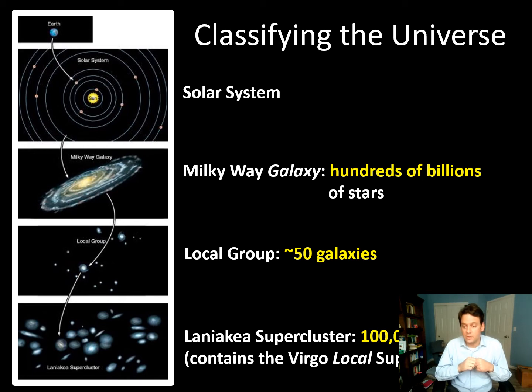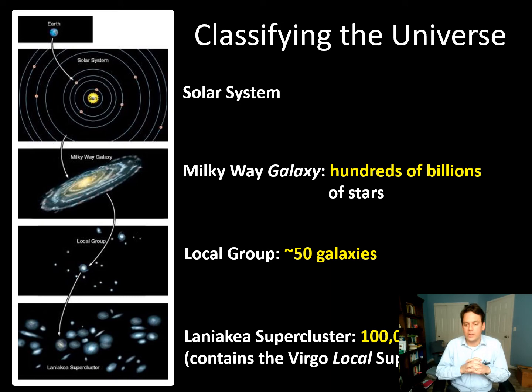Since then, the definition of a supercluster has been reworked, much like, I mentioned in the last lecture that Pluto used to be a planet and got demoted and is now officially no longer a planet. Well, the Virgo supercluster used to be a supercluster, and now it is no longer considered one. And so our supercluster is now the Laniakea supercluster.